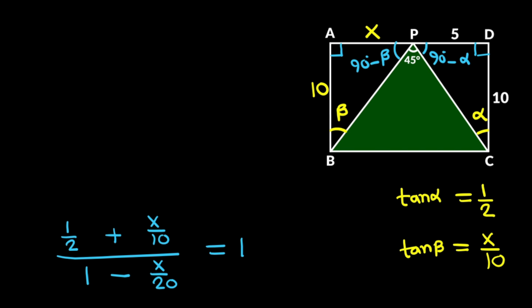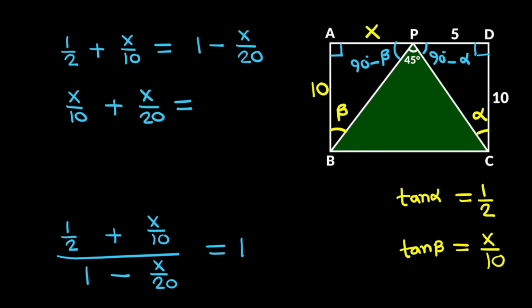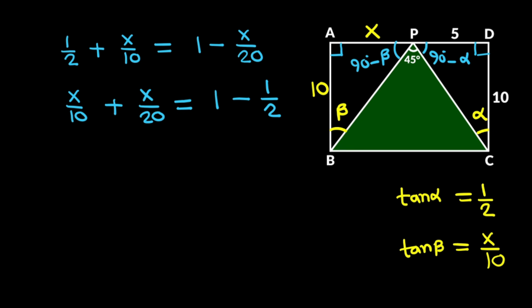Now solve it step by step. Multiply both sides by the denominator. So we get 1/2 plus X/10 equals 1 minus X/20. Now bring like terms together. X/10 plus X/20 equals 1 minus 1/2.